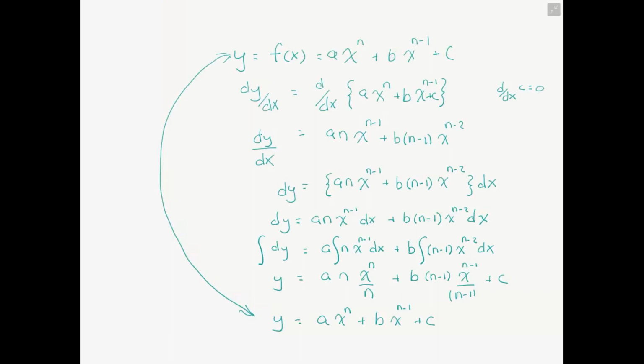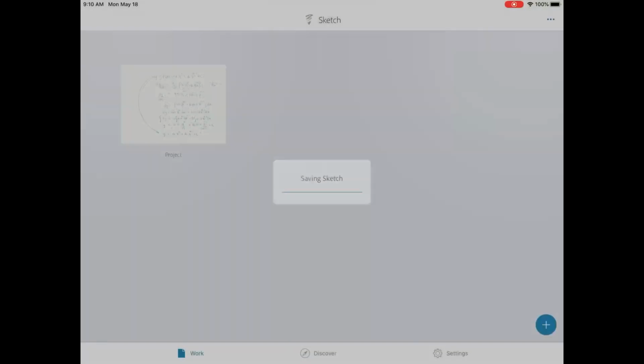So you can see how taking the integral of the function is the anti-operation of a derivative.